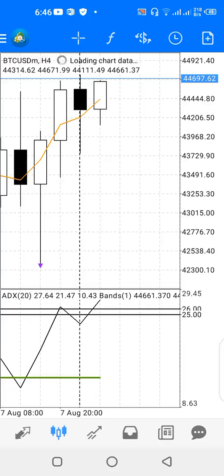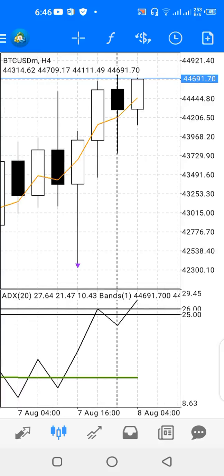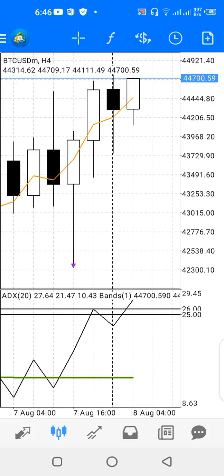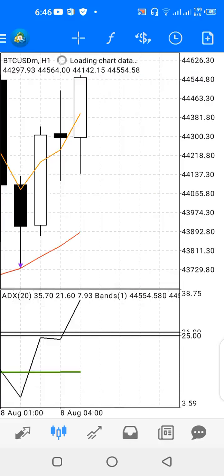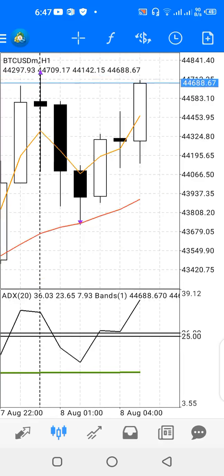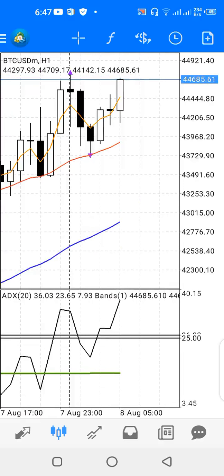And on the 4-hour, the body of the current candle is completely overshadowing the body of the previous 4-hour candle. So you have more like an inside bar breakout to the upside. And then on the 1-hour time frame, you can see a strong bullish push, trying to break above the previous high.